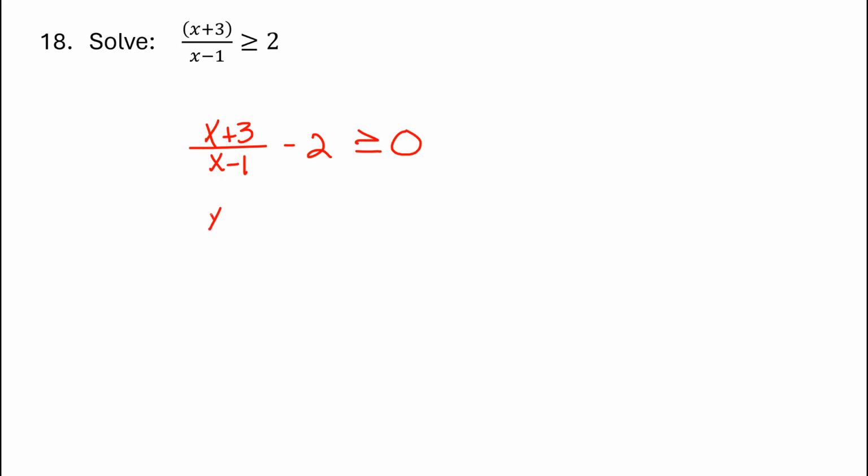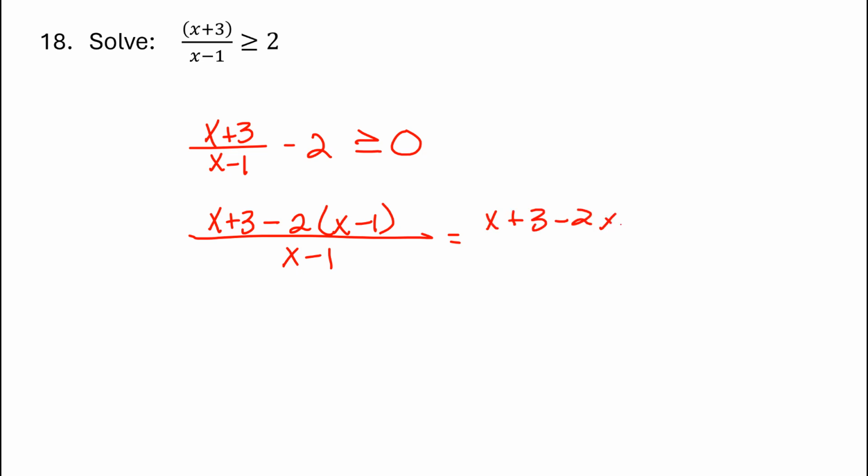So we'll have x plus 3 minus 2 times (x minus 1) all over x minus 1. So that's (x plus 3 minus 2x plus 2) over (x minus 1). So that is (negative x plus 5) over (x minus 1), and that is supposed to be greater than or equal to 0.